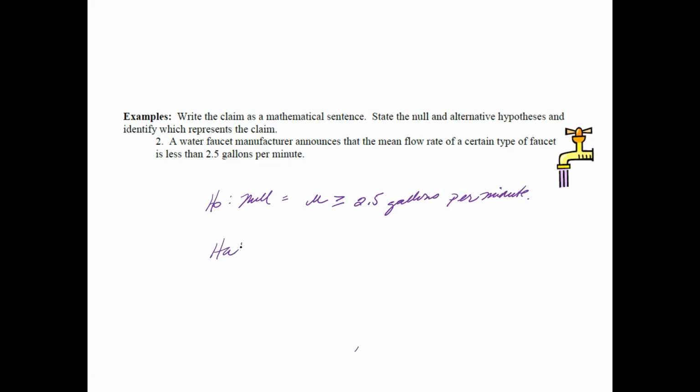Now, the alternative hypothesis, which is going to be opposite of your null, is going to say, remember, with the null, you always have the equal sign. With the alternative, you do not have the equal sign. So in this case, it's going to be less than 2.5 gallons per minute.